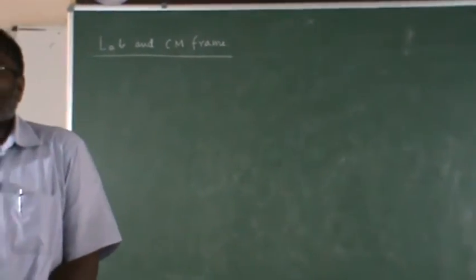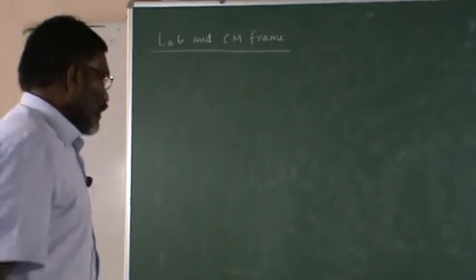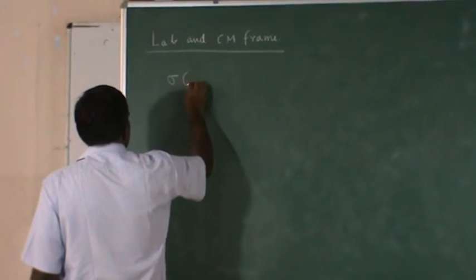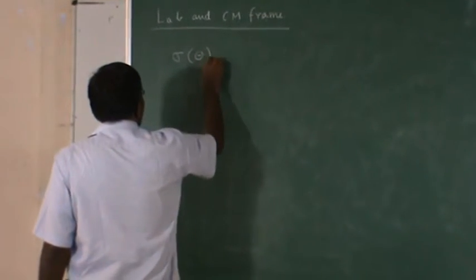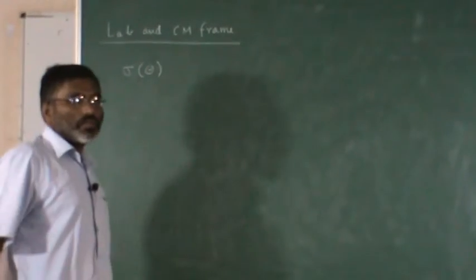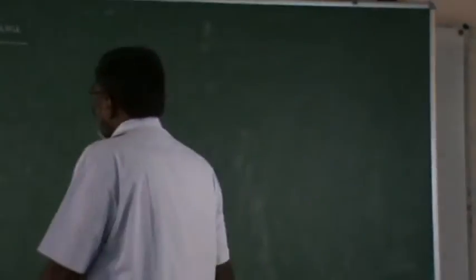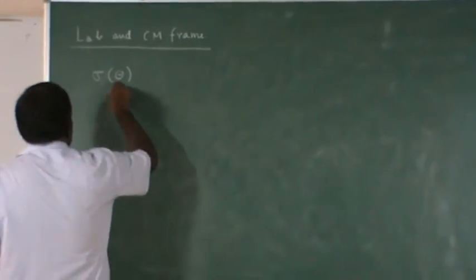When we are saying that we have a differential cross section in terms of theta, the one similar to what we derived by using the Runge vector in the morning, what is this theta?